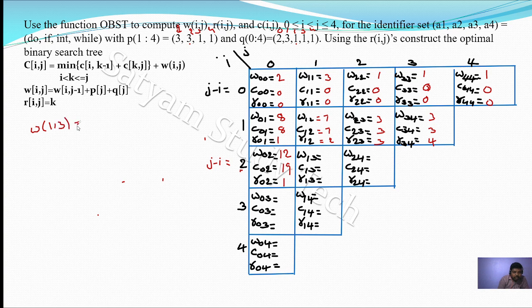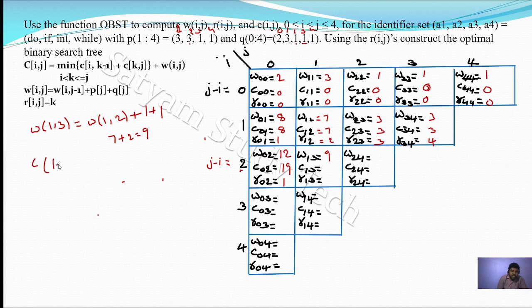That is equal to w of i, that is 1, j minus 1, that is w of 1 2, plus p of j, that is p of 3. P of 3 value is 1, plus q of 3, and q of 3 value is also 1. So w of 1 2 value is 7, 7 plus 2 is 9. W of 1 3 value is 9. So we have to calculate c of 1 comma 3.